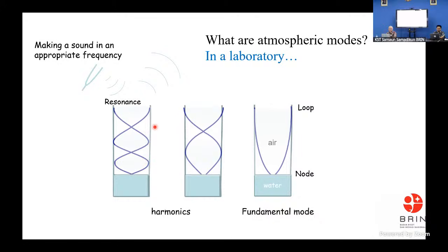This is a tube, and you fill the tube with water halfway and make a sound. Then at a certain water level, there's a resonance between the sound from outside and the sound within this tube, and you can hear a certain sound.